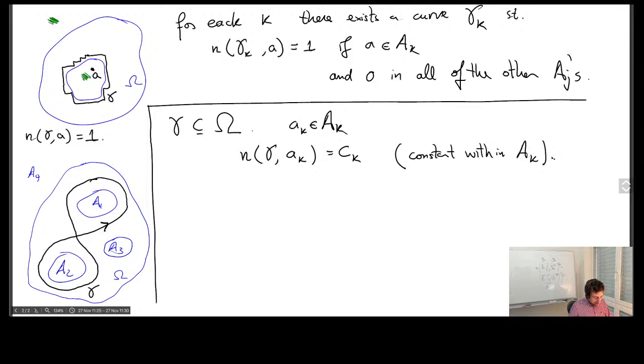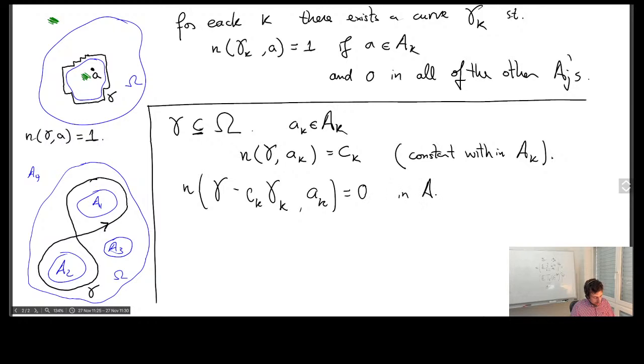So let me write the formula. The winding number of the curve gamma around any point in the set AK is CK. So in particular the winding number of gamma minus CK gamma K around AK is 0.